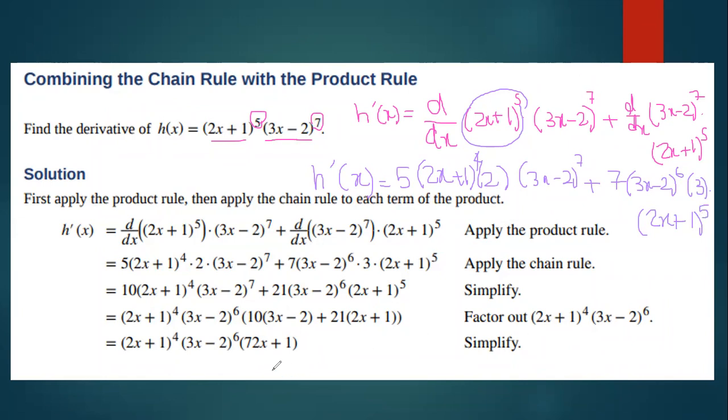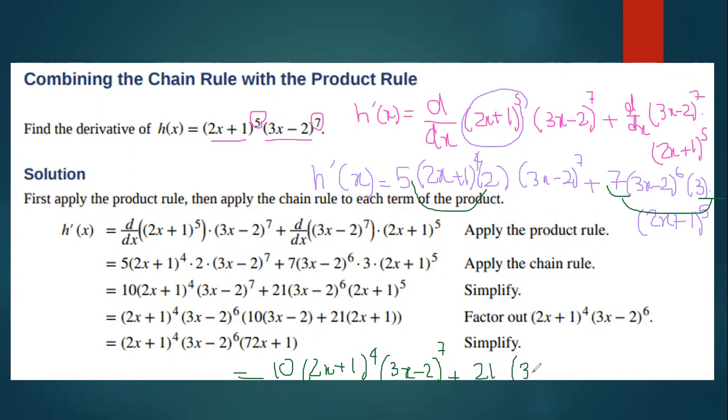Okay, so after this, I have to simplify. 5 times 2 is 10, (2x plus 1) whole power 4 with (3x minus 2) whole power 7, plus 7 times 3, 7 3s are 21.